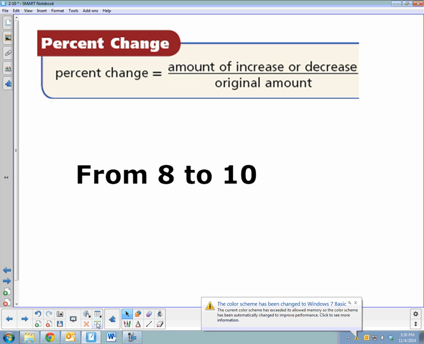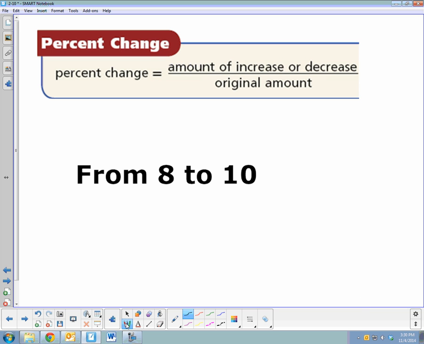So take a look at an example. From 8 to 10. So we want to know what's the percent change from 8 to 10. Well, if I use my formula, I don't know the percent change, P. The amount of increase or decrease from 8 to 10, how much did it change? It changed 2. From 8 to 10, it went up 2.